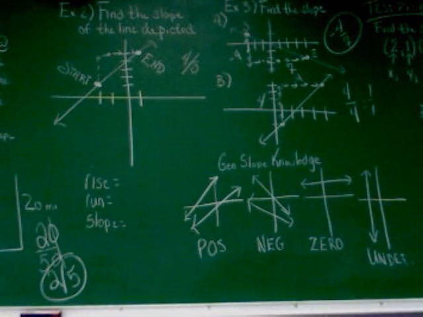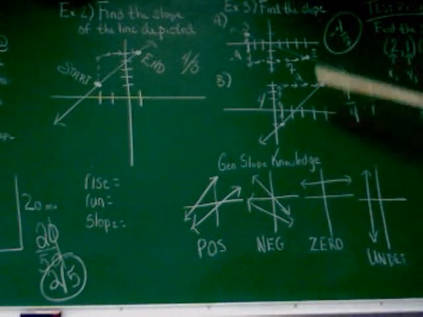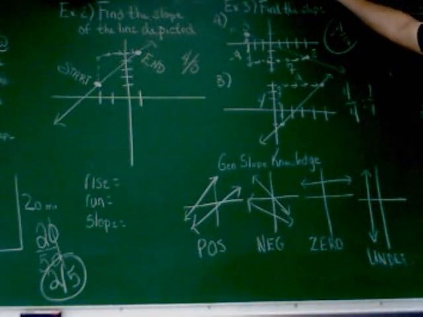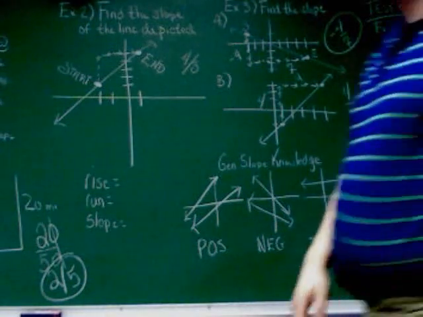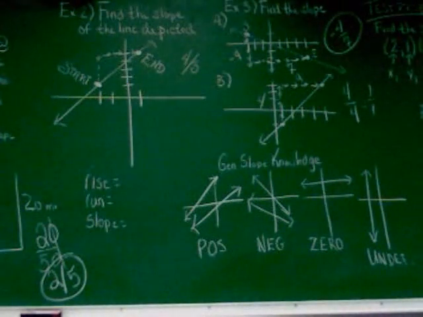Now there's 2 special slopes too, and you might remember this from last year. There's a 0 slope and there's an undefined slope. A 0 slope is when the line is perfectly horizontal. An undefined slope is when the line is perfectly vertical. The way I taught you to remember this last year, maybe you remember it, maybe you don't, is I always tell people to think of it like you're walking. If I'm walking across a horizontal surface, the ground, this is 0 challenge for me.